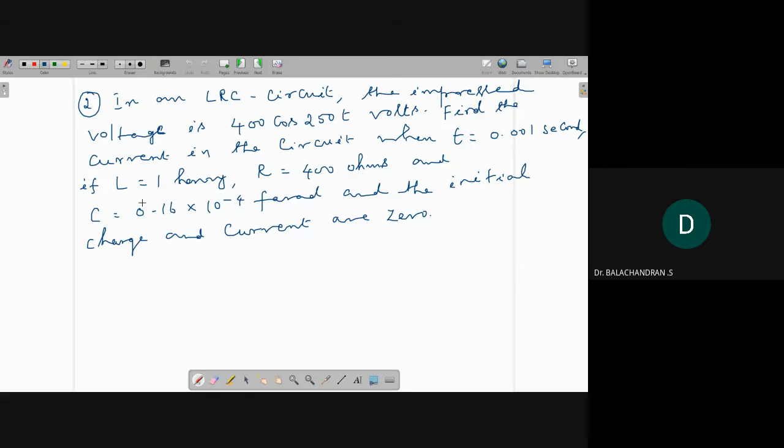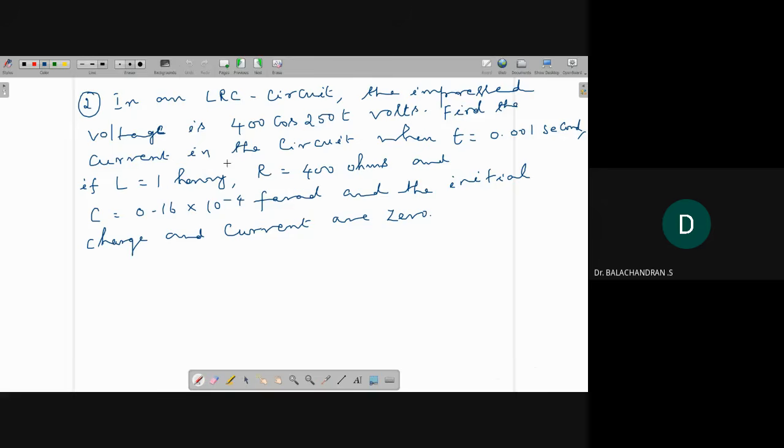So next problem. I will stop with this problem. This is the last problem. In an LRC circuit, the impulse voltage is 400 cos 250t volts.